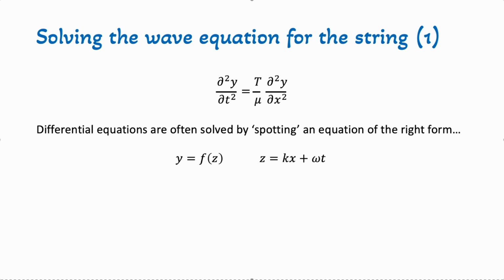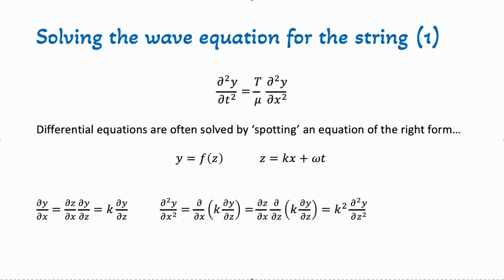Right now, I want to show that absolutely any function, as long as the x and the t appear in this form and k and omega have the right values, will be a solution to our equation. So, first we're going to do a bit of chain rule.